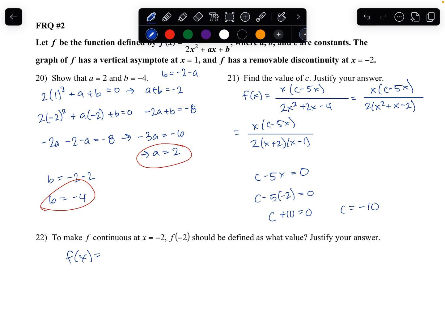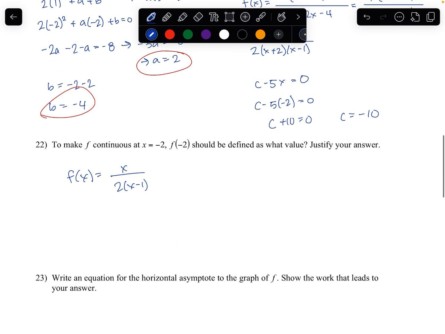So we would have x over 2 times x minus 1. And then from here, we can just plug in -2. So f of -2 would be equal to -2 over 2 times -2 minus 1. So this will be equal to -2 over 2 times -3.